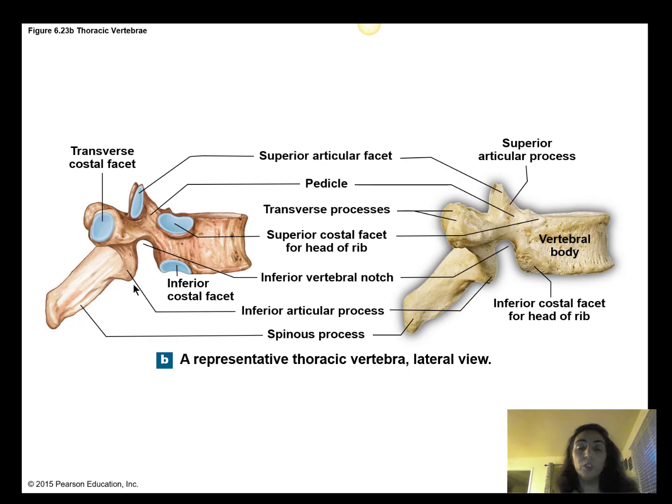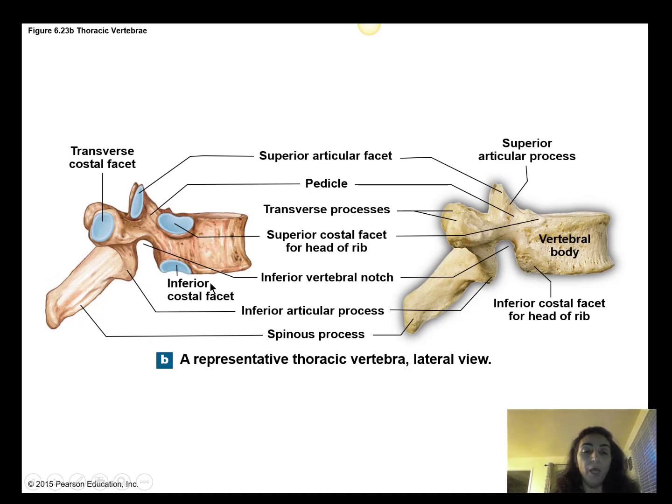I'm just mentioning this, that there are other differences too, but the best thing for you is just to know how you recognize these ones in the lab, and that is through the spinous process, the length and the orientation of the spinous process of these two vertebrae.